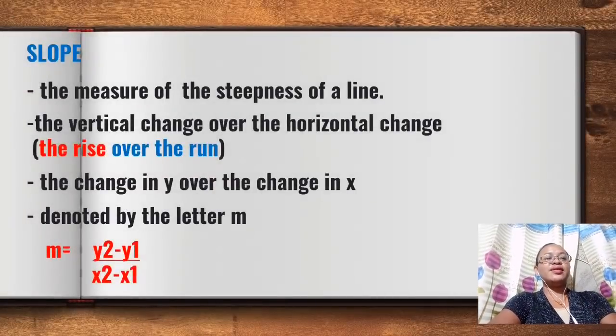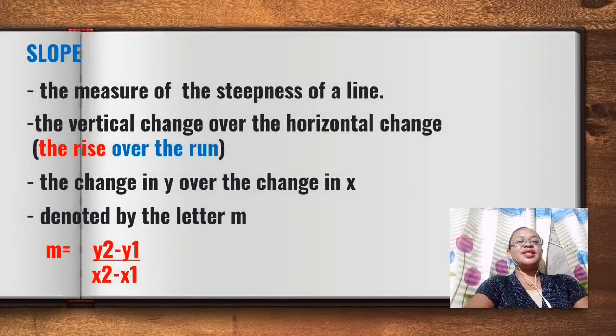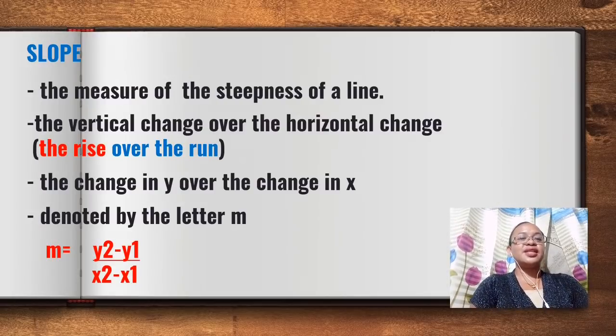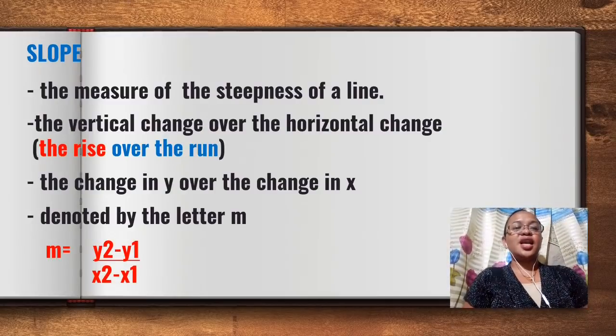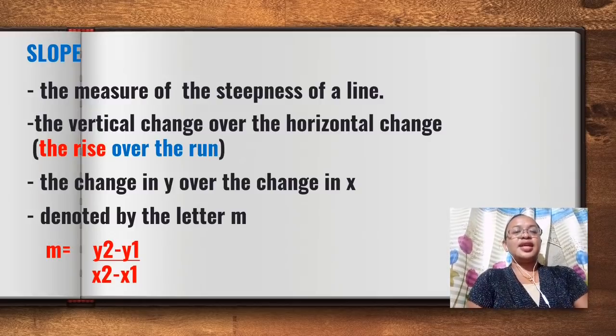The meaning of the slope: it is the measure of the steepness of a line. It is the vertical change over the horizontal change. It is the rise over the run. It is the change in y over the change in x. And it is denoted by the letter m.